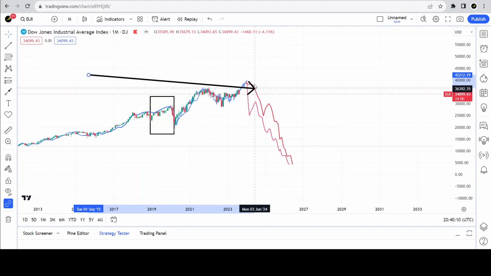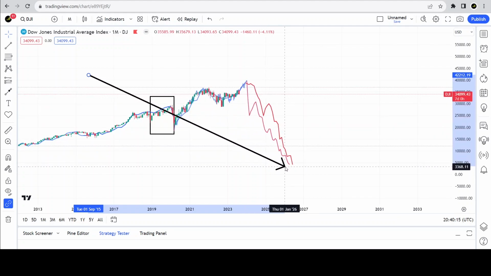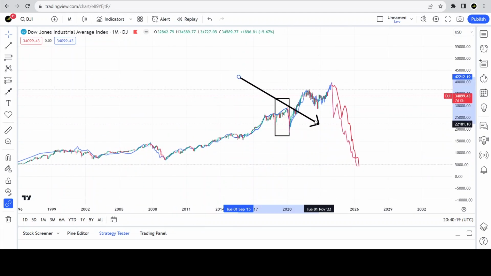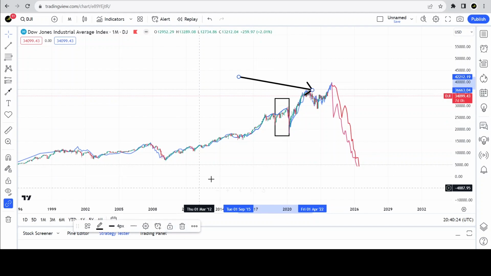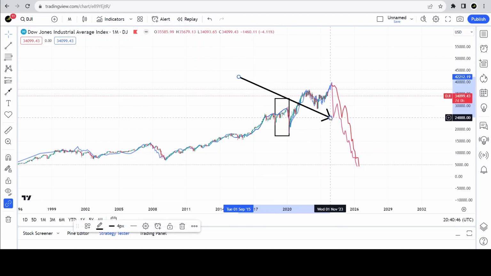And furthermore, these declining fractals, they're essentially the same crash. So we have this massive crash that is pending for the stock market, and this is a once-in-a-lifetime experience, once in several lifetime experiences.